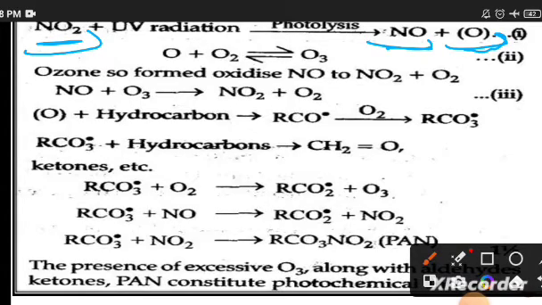When this atomic oxygen combines with molecular oxygen, ozone is formed. Now, when this ozone combines with nitric oxide, the formation of nitrogen dioxide takes place again.